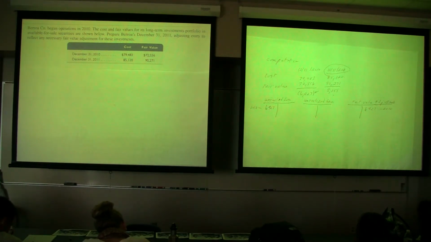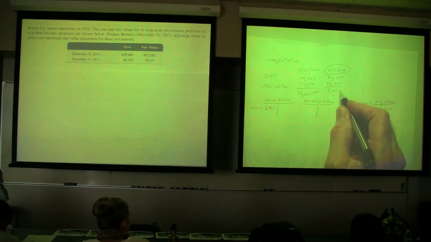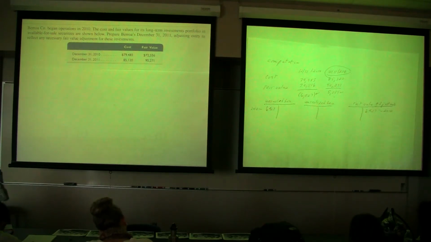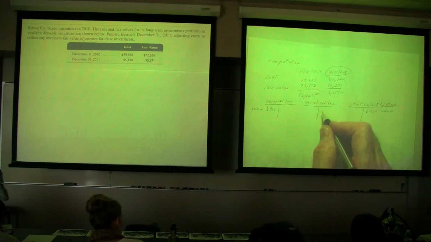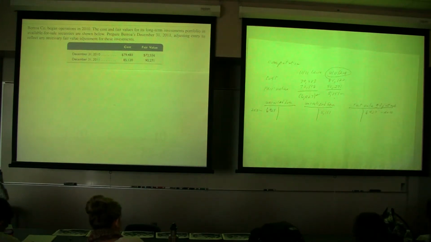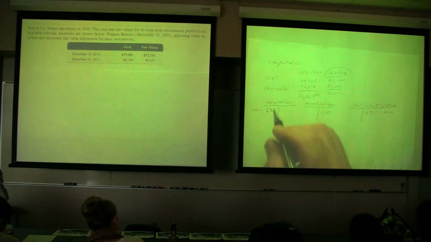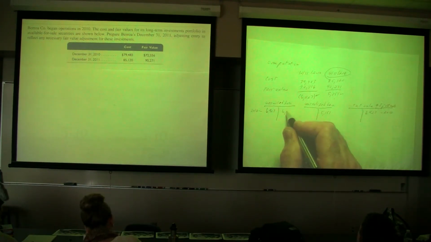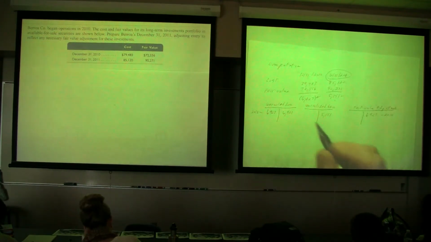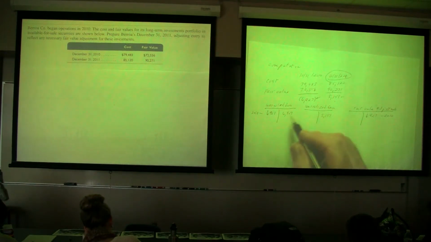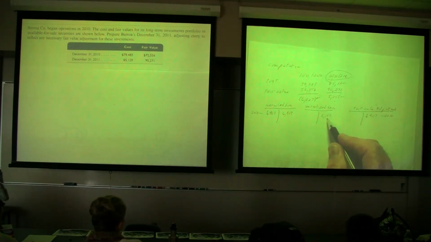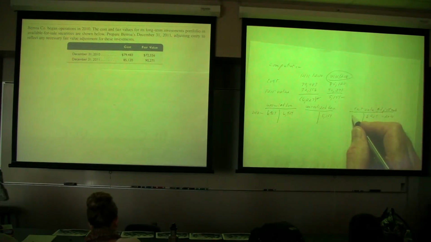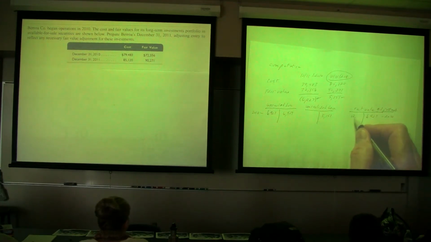Now, in 2011, we want a gain of 5,151. So we want a 5,151 here. So what this means is that we have to credit our loss to zero, okay, of 6,927. We want to credit our gain of 5,151. That means we have to debit our fair value by 12,078.